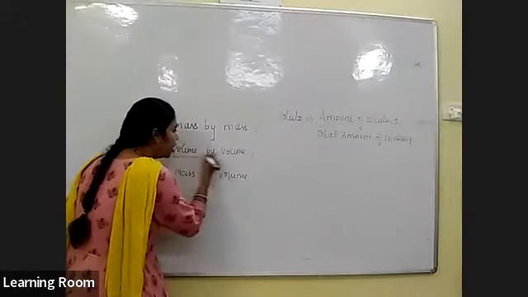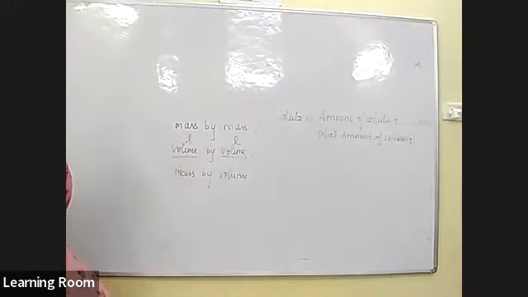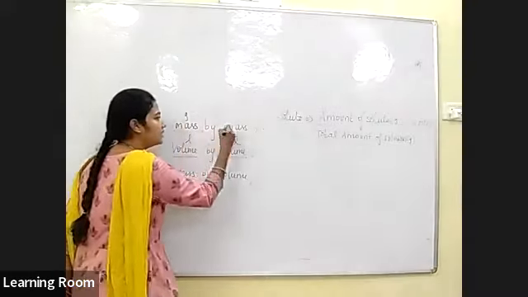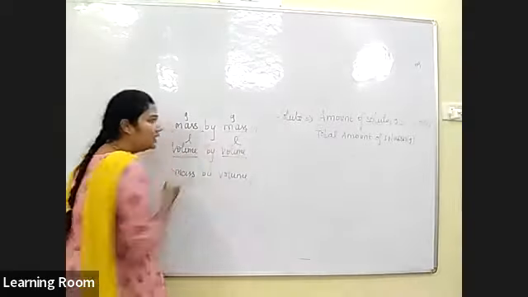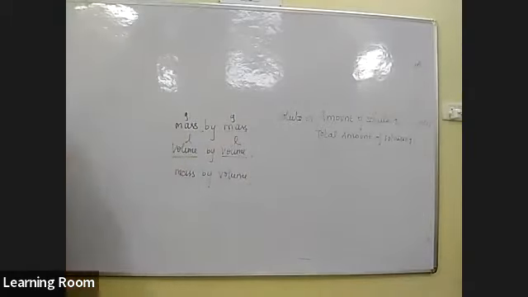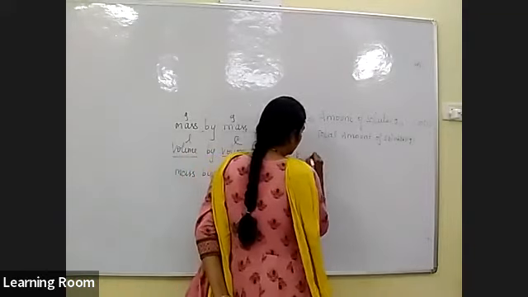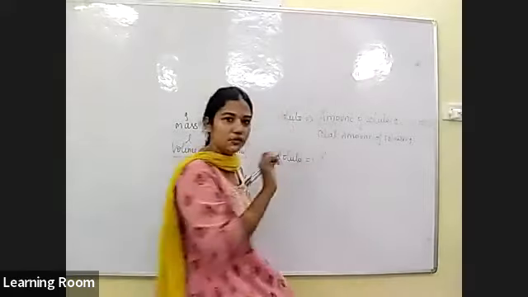Now, volume by volume is both in liters. Mass will always be in grams, and this is both in liters. How can you write that? The same thing applies for the solvent also.